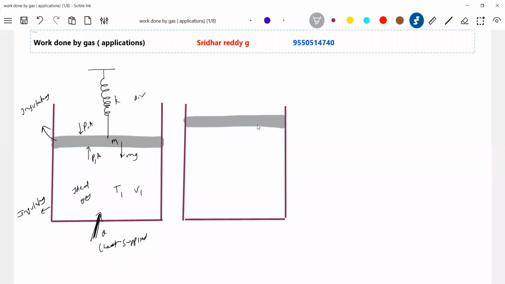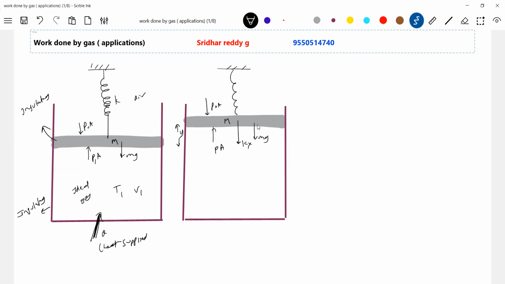Let me put it as initially relaxed. Now what will happen? The piston has risen by a distance x, along the y axis. Atmospheric pressure force P naught A, the spring got compressed, force kx, the weight mg will act, weight of the piston, and the pressure force of the gas P into A.